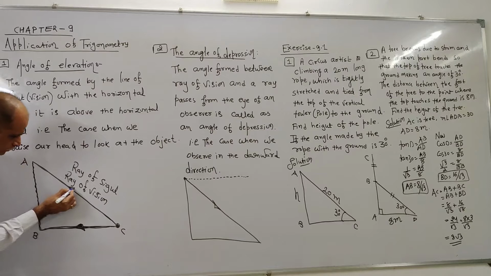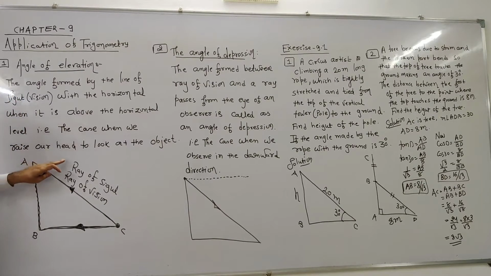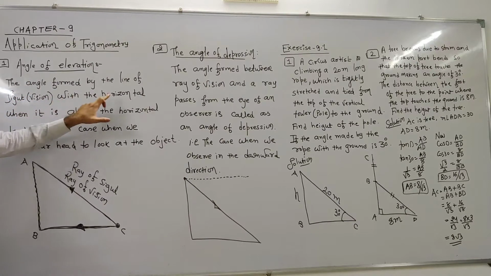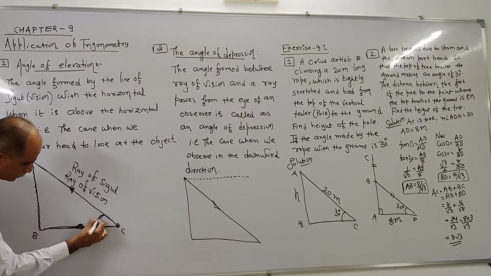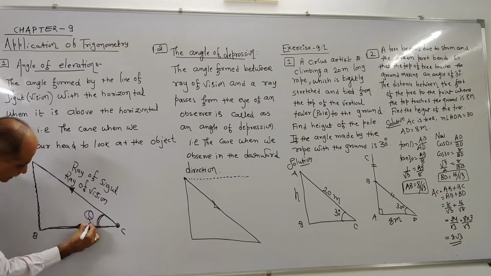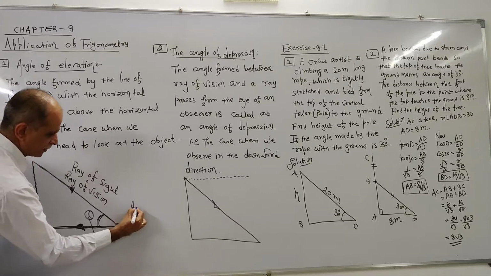Similarly, AC is known as the ray of sight or ray of vision. So according to this definition, the angle between the ray of vision and the horizontal line, which we denote by theta, is known as the angle of elevation.